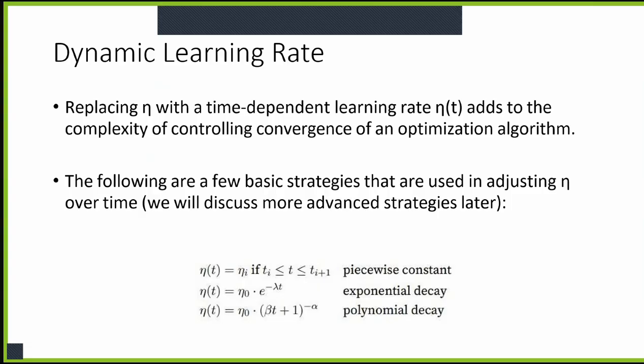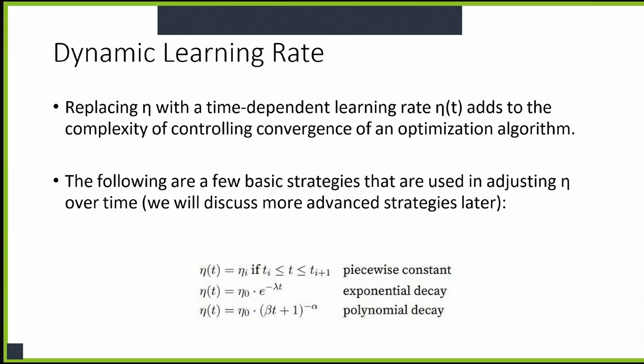And as our model learns patterns that are more useful, and we want to converge to some optimum, which is a local minimum in the loss landscape, then we would want to start decreasing the learning rate so that we actually converge to the local minimum.